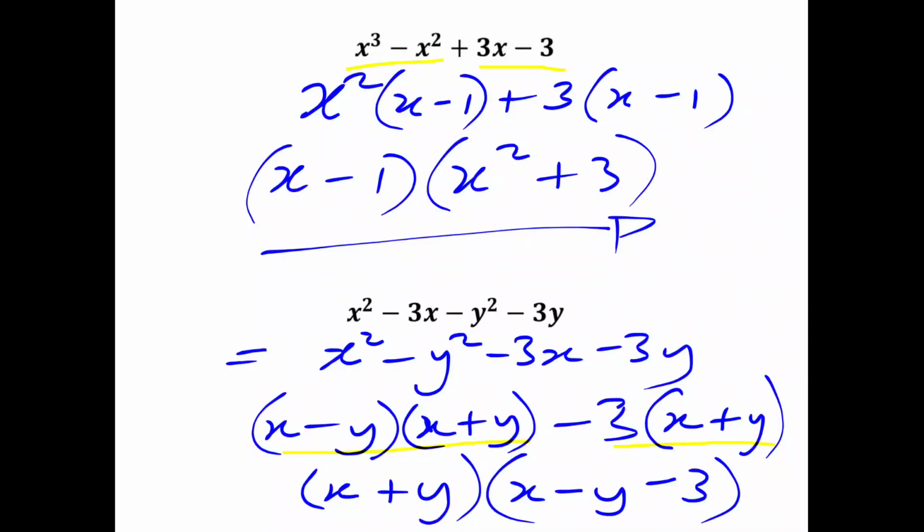Now this is the factorization. We have just taken a 4-term expression and put it as a 1-term expression by factorization, and it is indeed expressed as a product of its factors, or rather its prime factors, because they cannot be factorized any further.